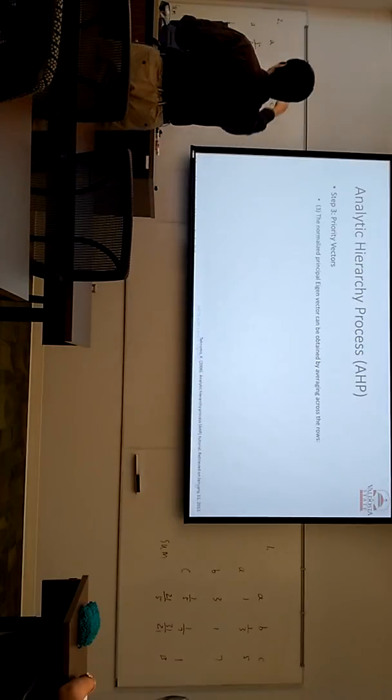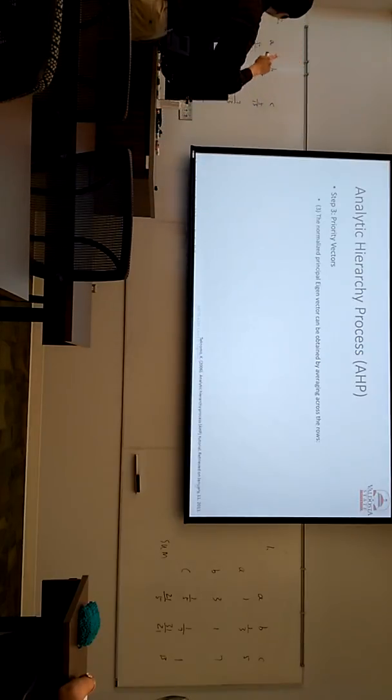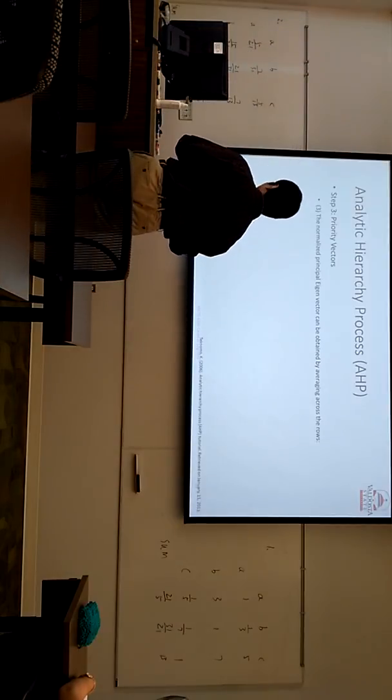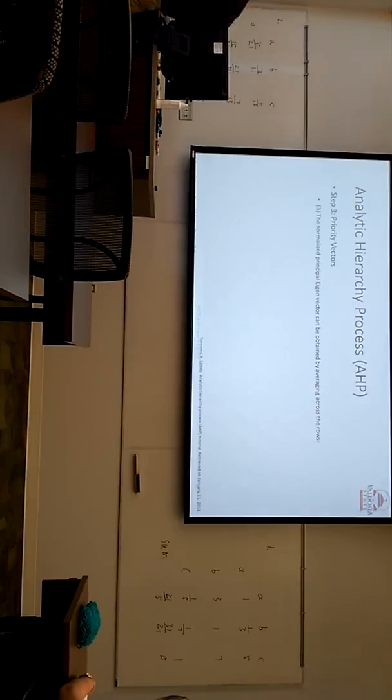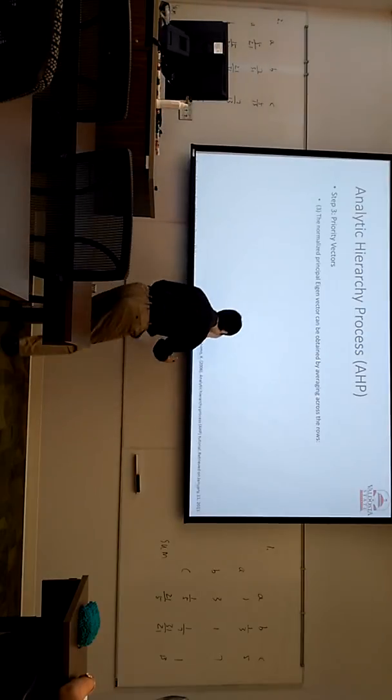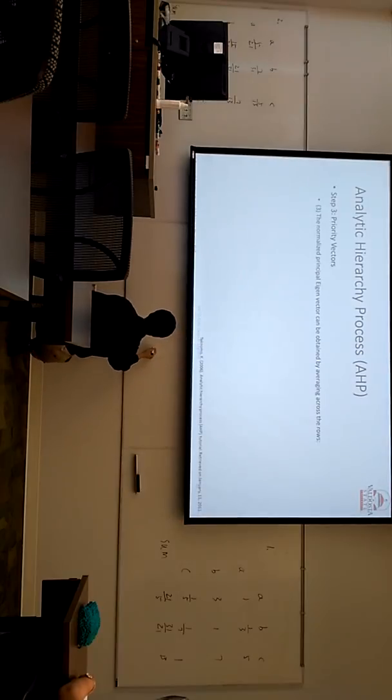After we have this one, the third calculation we have to do is to calculate the average of each row. So this is the second step, and the third step, let me write it here. Let's calculate the so-called normalized principal eigenvector.